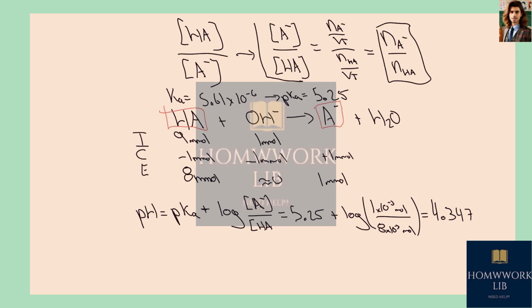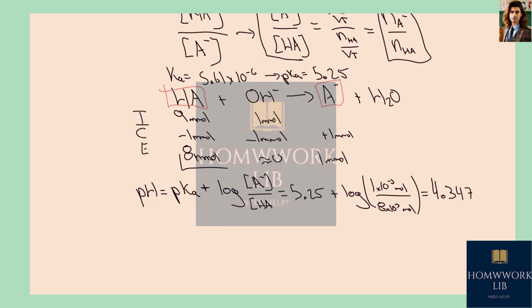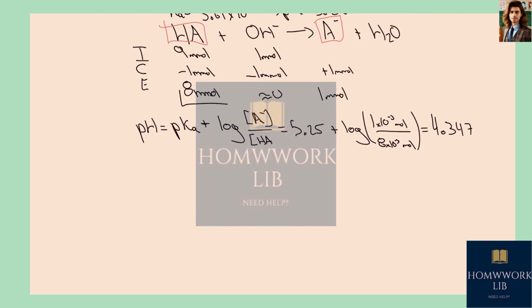Let's see if that makes sense. That would be true if we have more of the acid than what we have of the conjugate base. In this case, indeed, we have more of the acid than the conjugate base. So we would expect the pH to be lower than the pKa. Next up, what we want to know is what is the pH of the solution at the equivalence point.